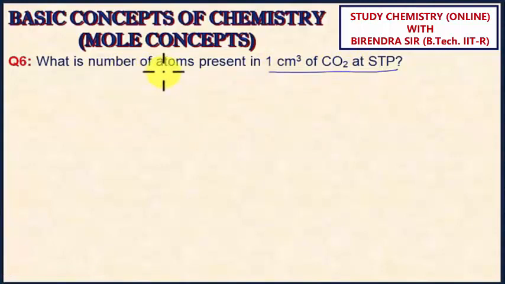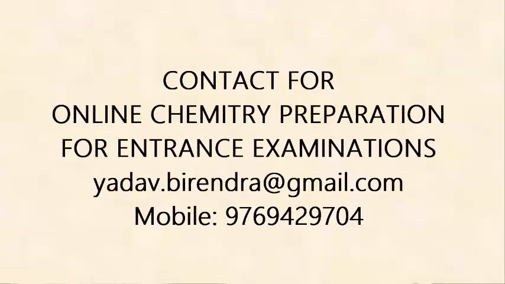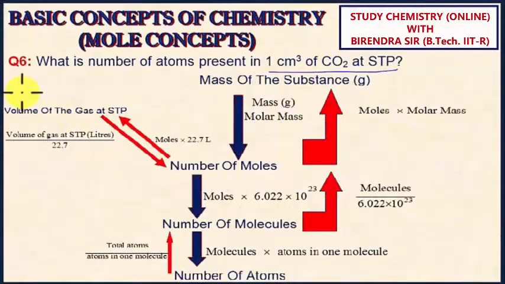Again, we can use the chart to solve this question. Here the gas CO2 volume is given as 1 centimeter cube. As we know, centimeter cube and ml are the same, so I can write this as 1 ml.